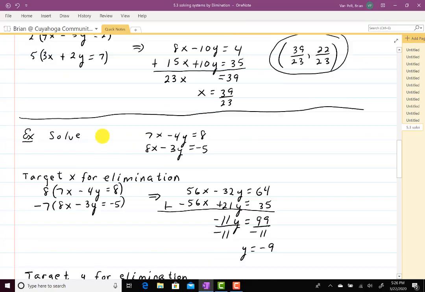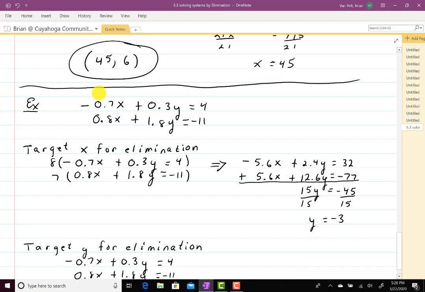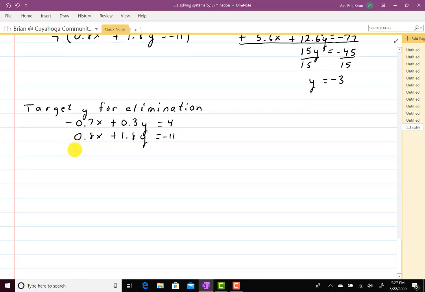So what I'm going to do is multiply the first equation by negative 6. The reason I'm choosing that is because it will give me a negative 1.8y, and then the y's can cancel. So when I multiply it through, negative 6 times negative 0.7 is 4.2.